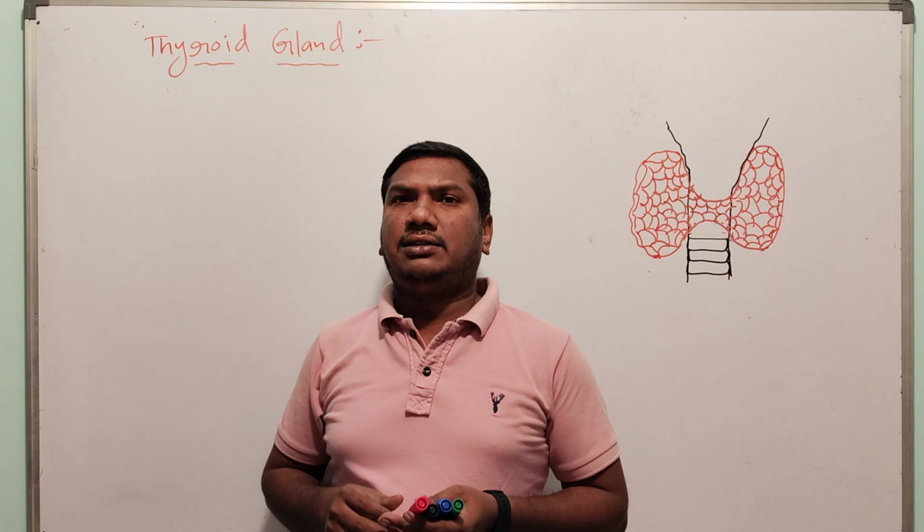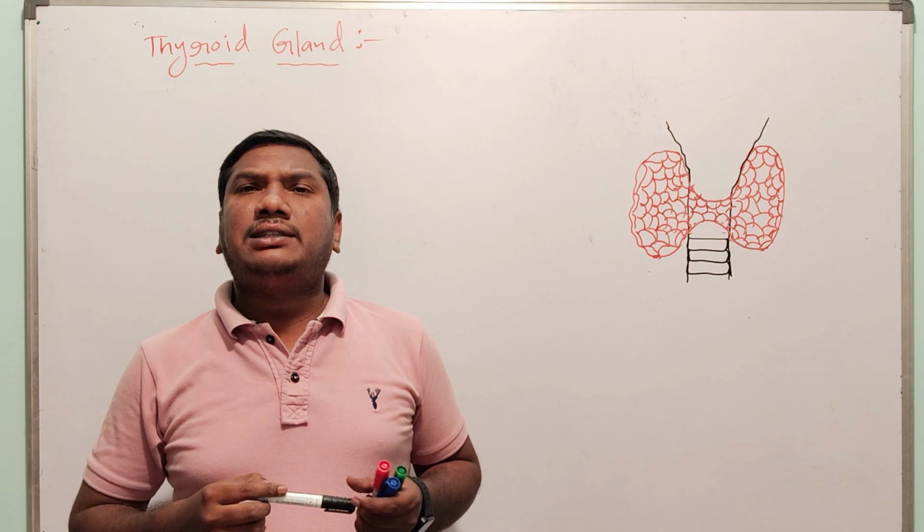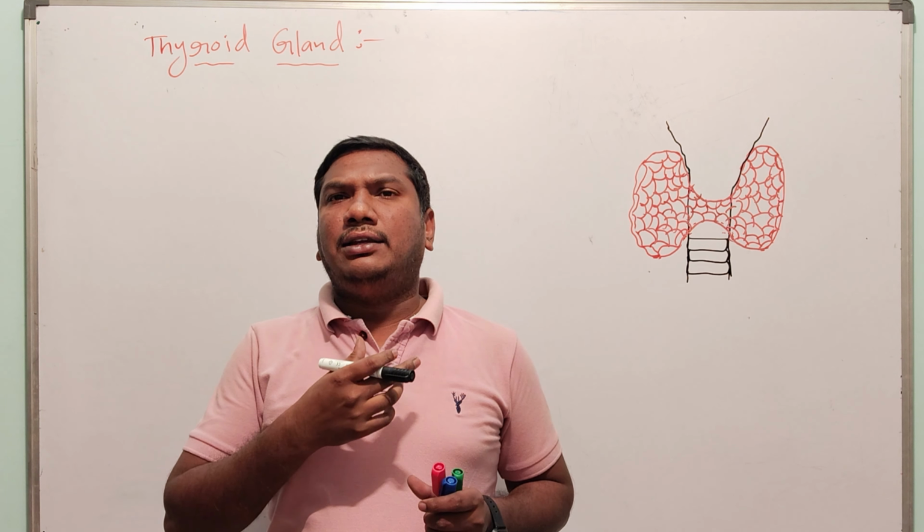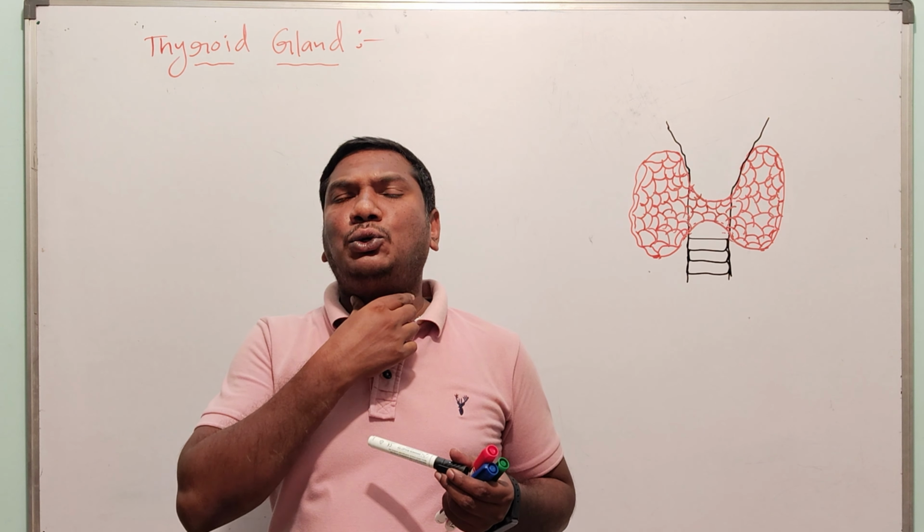Thyroid gland. Next gland, thyroid gland. The thyroid gland contains two lobes.